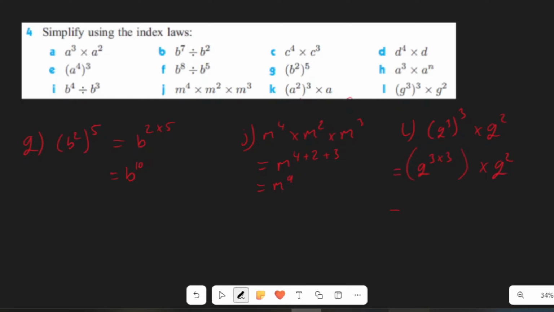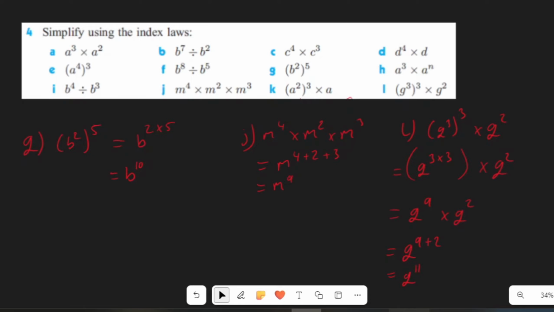So first of all, we get g to the power of 9 multiplied by g to the power of 2. And that's the same as g to the power of 9 plus 2, which is g to the power of 11.